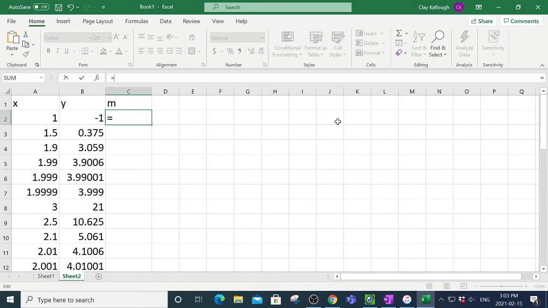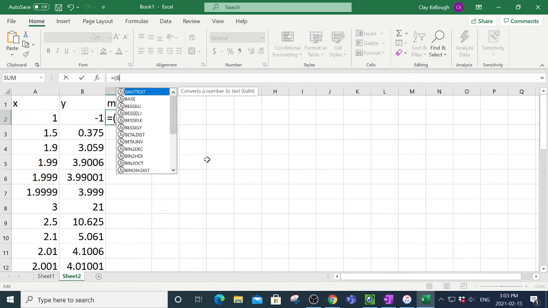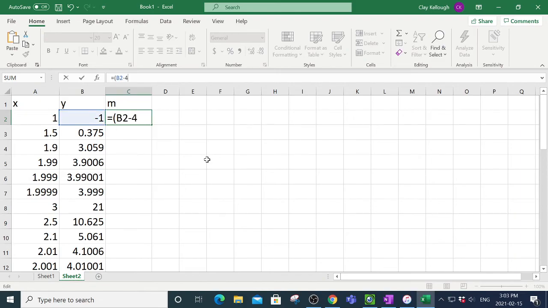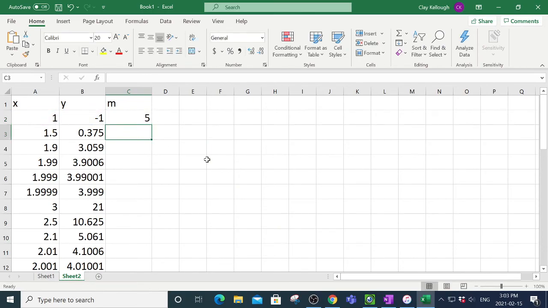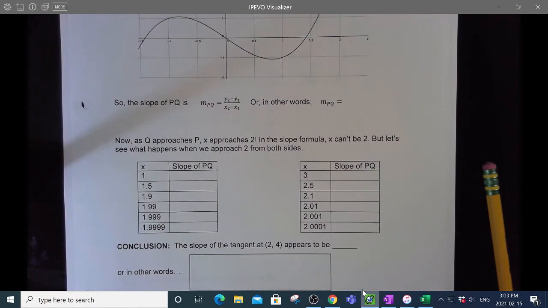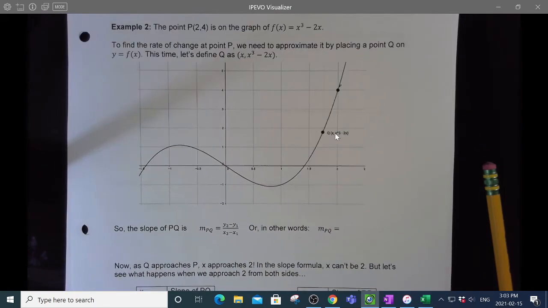So it's going to be this value here, which is B2. So open a bracket, B2 minus 4 divided by A2 minus 2, right? And let me just show you, where am I getting 2, 4 from again? Oh yeah, because in the question, this fixed point here is the point 2, 4, right?